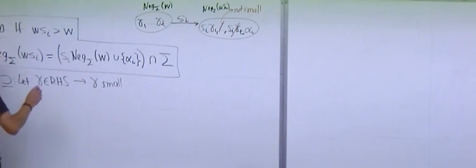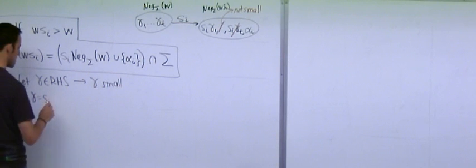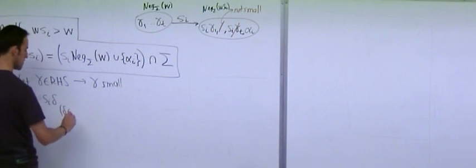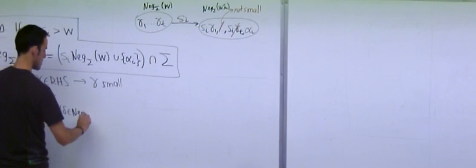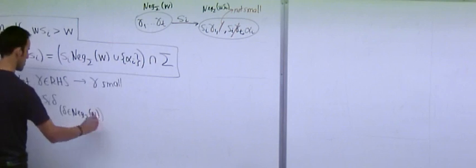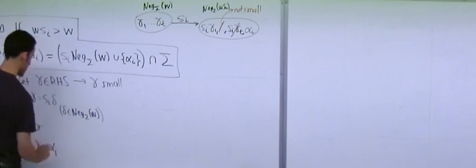So either gamma is equal to Si times, let's say, delta for delta in this set, or gamma is equal to alpha i.